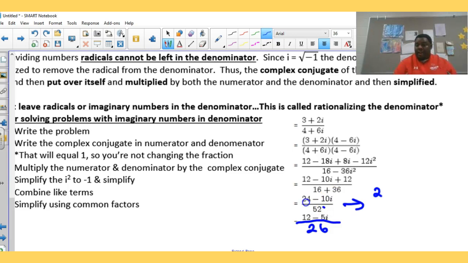The factor of all those numbers is 2. So if I factor out a 2, or divide everything by 2, this is 12 minus 5i, and if you divide 52 by 2, you have 26. So yeah, 26 times 2 is 52, so the 2's cancel, and I'm left with 12 minus 5i over 26. Okay, so on your paper, put that over 26.